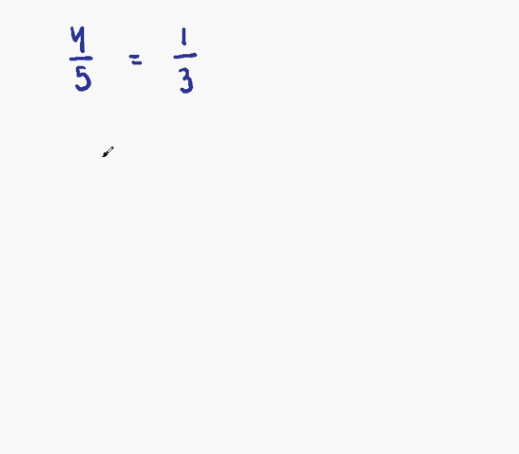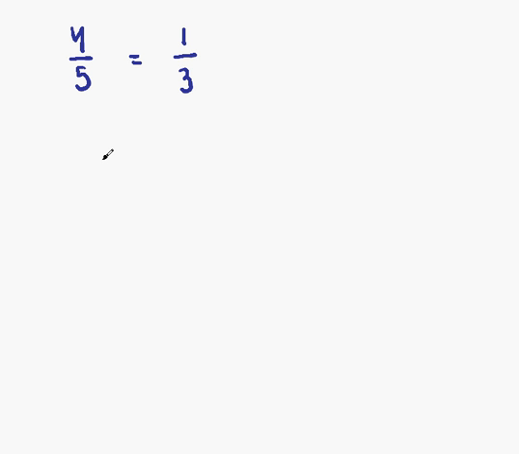The first step is remove any fractions that are attached to letters. Once we have done that, if there are any brackets, we should remove the brackets. And after that step, we simplify and finally solve the equation.